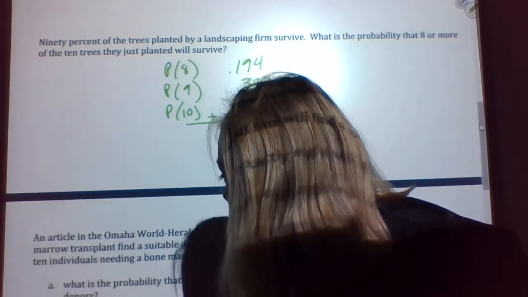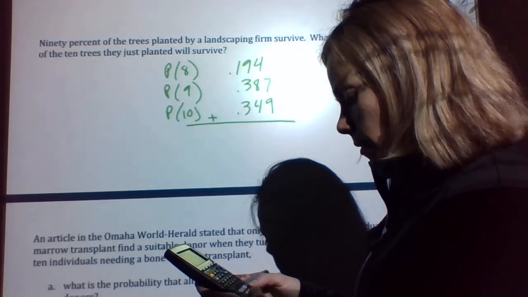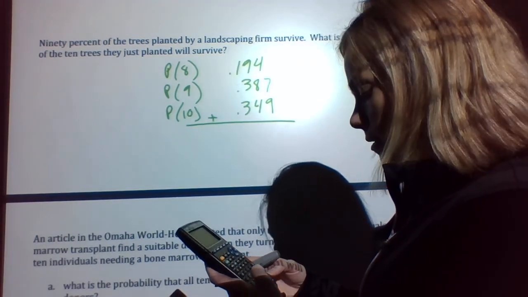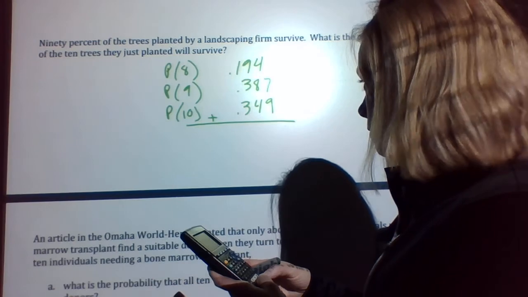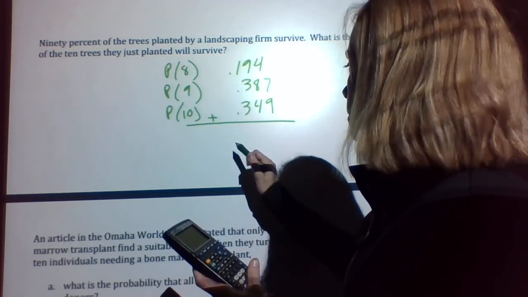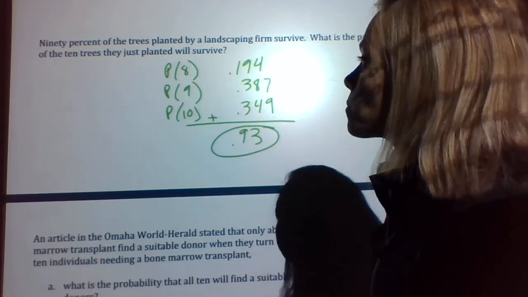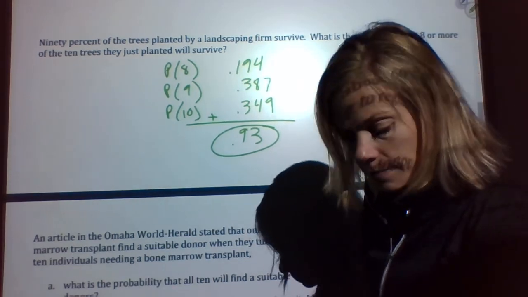So add those 3 together, 0.194 plus 0.387 plus 0.349 would be 0.93. 93% chance that 8 or more will survive.